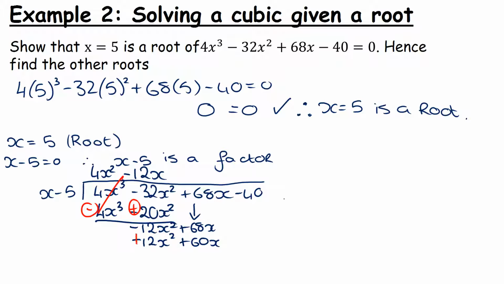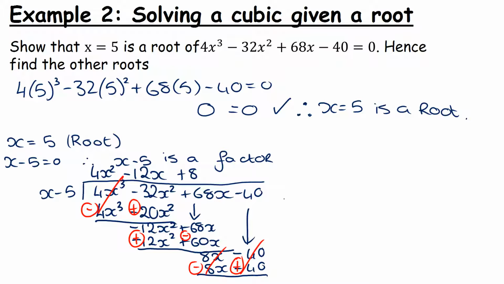Again, change our signs, we have a plus here, a minus here, so we're left with 8x minus 40, and this goes in plus 8 times, where I get 8x, and 8 by minus 5 is minus 40. Again, you want to change your signs, and we are left with 4x squared minus 12x plus 8.